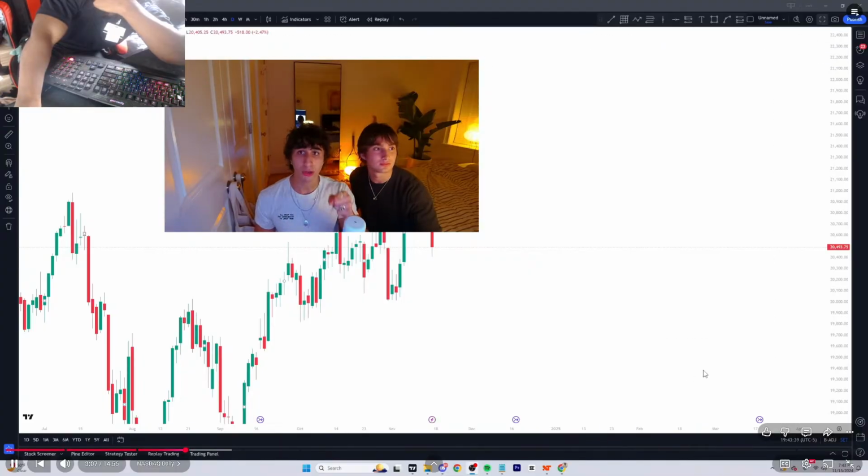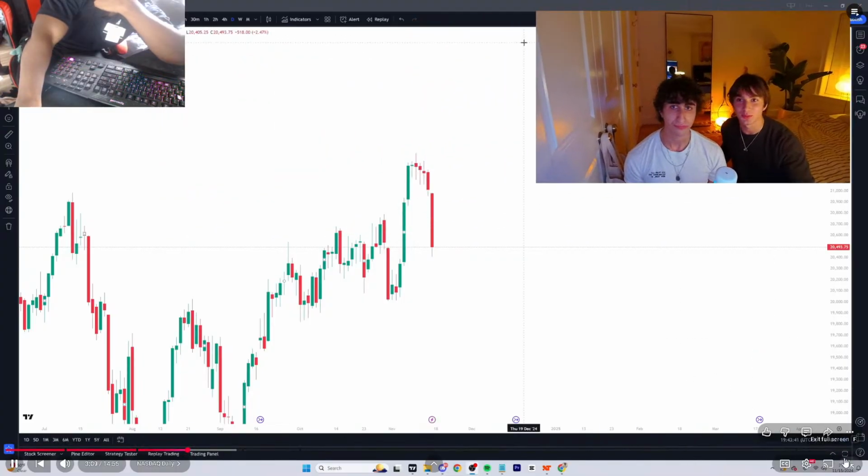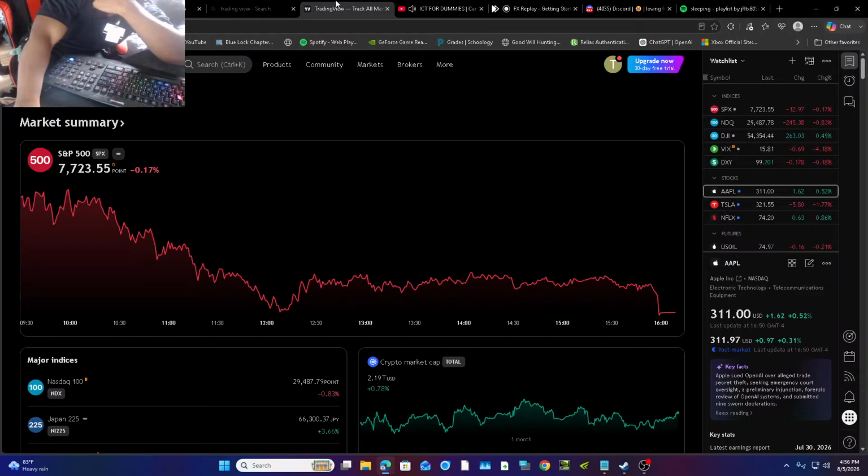Now, Patrick, can we go on the 1 hour? Yes, Blake. So now we have the hourly chart. Each candle here is going to represent 1 hour of price action. As you can see, we have 4 p.m. here.